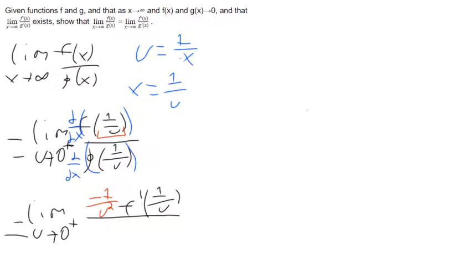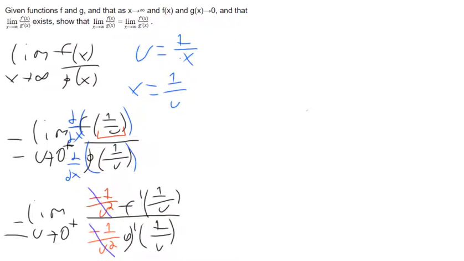And then on the bottom, we basically get the same thing, but with g. So the derivative of g of 1 over u is going to be g prime of 1 over u times the derivative of the inside function. So we'll multiply by negative 1 over u squared. And as you can see, the negative 1 over u squared cancel out.